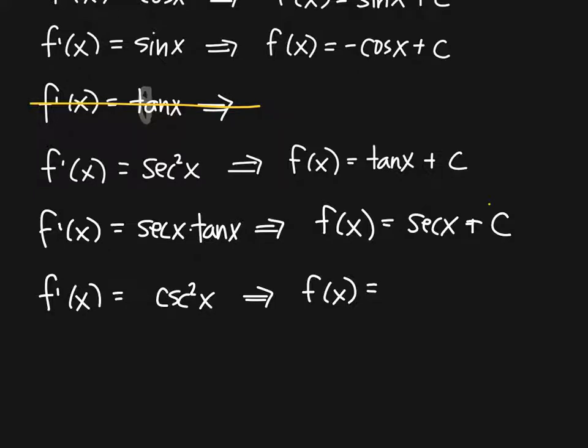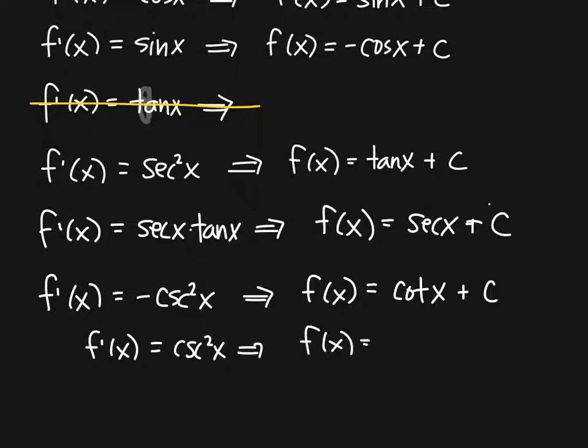If this is negative, then its antiderivative is positive cotangent x plus c. If it was positive, then its antiderivative would be negative. Either one is negative and the other is positive, so that's fine. Abby, either one. You should be able to go either one.